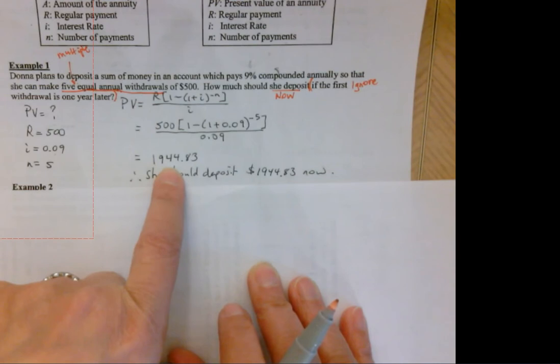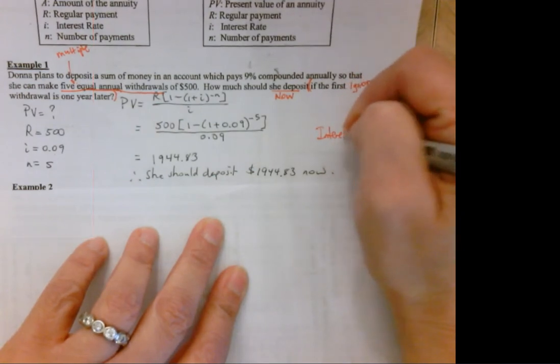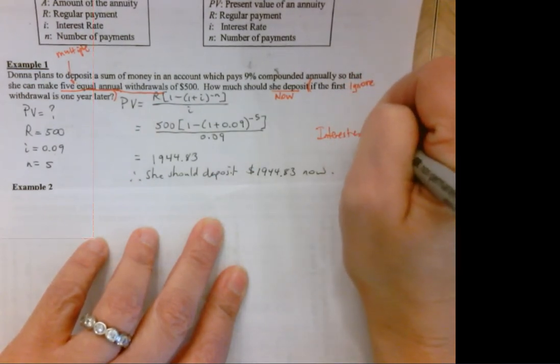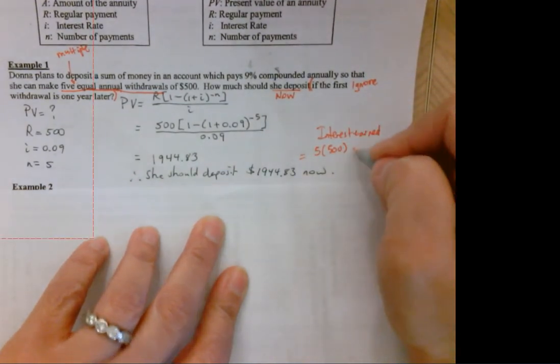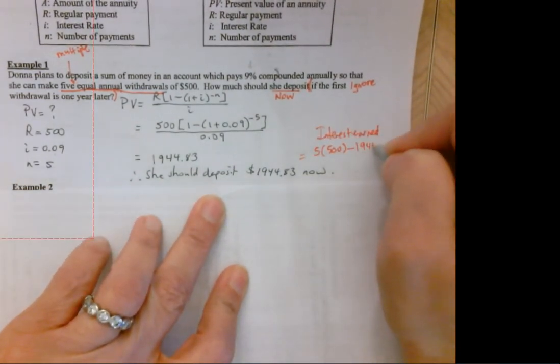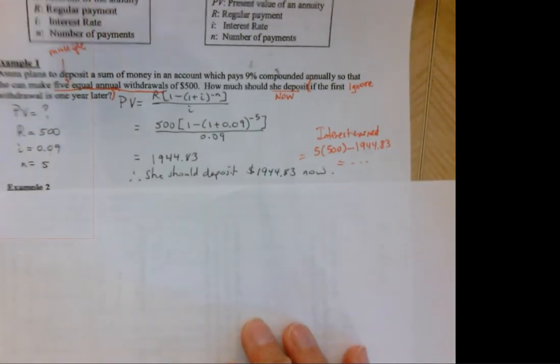And the interest that she's earning is $2,500 minus this. So the interest earned is 5 payments of $500 that she's getting minus how much she's putting in. And whatever that works out to be.